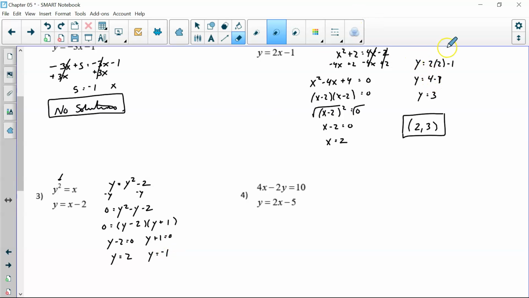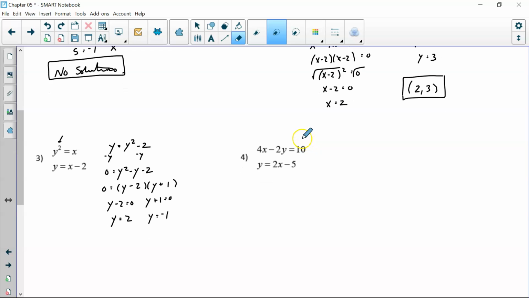Now we still need to find out what x is. Now we can find x using either of the equations. I'm going to use the top equation because it looks a little bit easier to work with because it's already x equals y squared. So x equals, now we have to use both values for y separately. x equals 2 squared, so x equals 4.